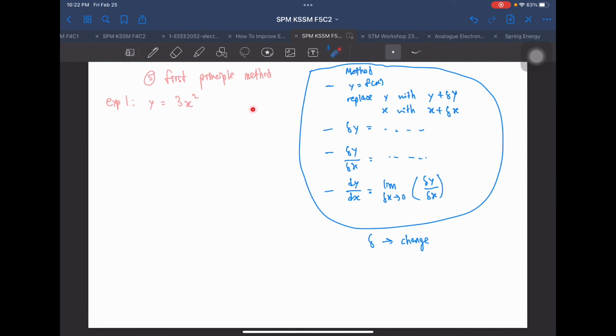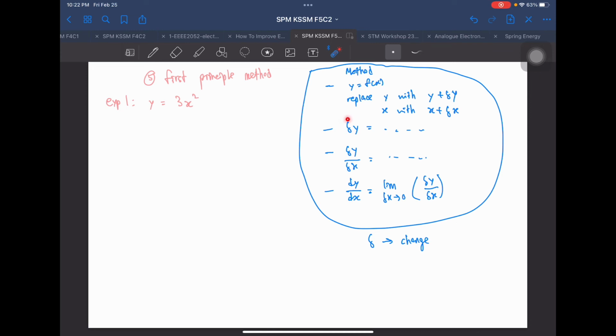For the first principle method, normally you will be given y in terms of x, and the first step is to replace y with y plus delta y, and x with x plus delta x. Then you move everything from the left to the right, leaving delta y on the left hand side.